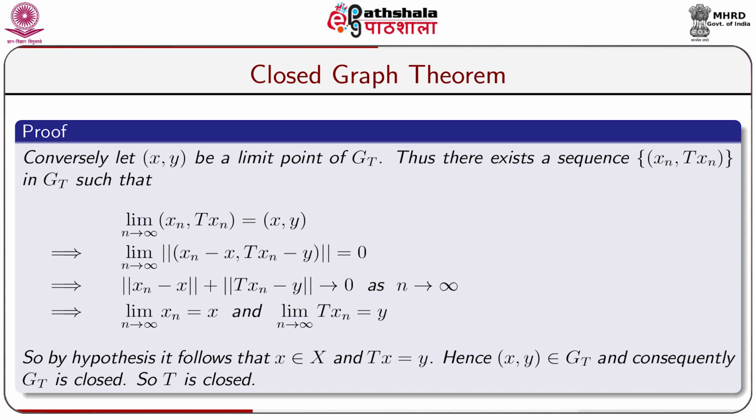Conversely, let (x, y) be a limit point of G_T, that means (x, y) is taken from the closure of G_T.